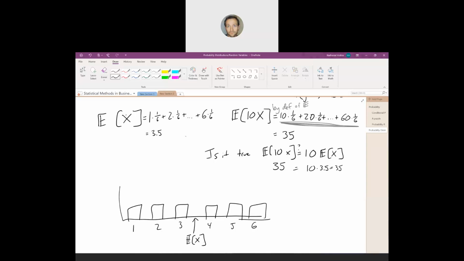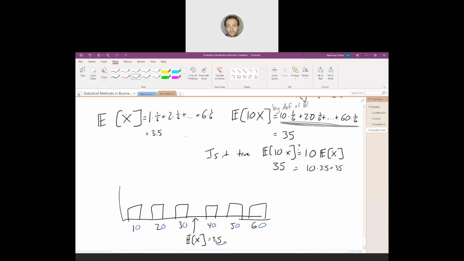Agreed? Yeah. All right. So here that's 3.5. Now, what happens if I do 10x? That's just adding zeros here. So then that would move this decimal point.